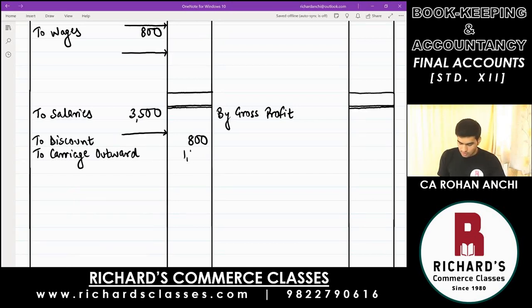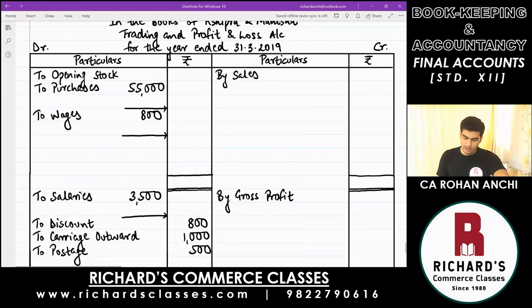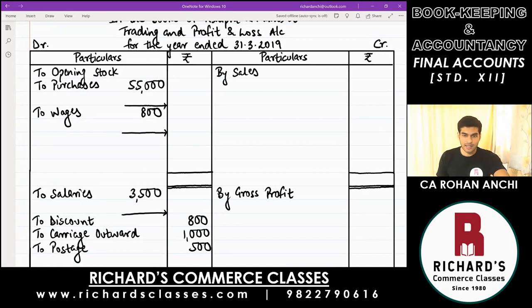Amount is 1,000. Below that, postage. That is 500. Then comes sales return. In trading account, the first item on the credit side is sales. Below that, write down less returns. Amount is 500.